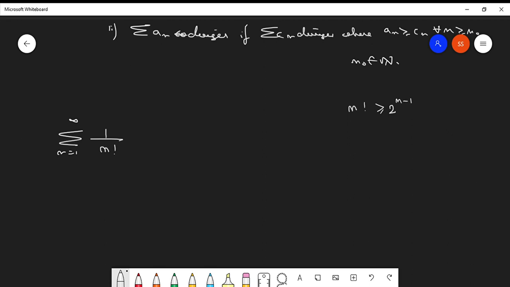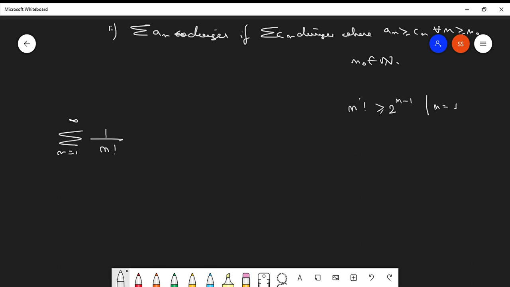Okay, one second. This is true for n equals 1: this will become 1 and this will also become 1.